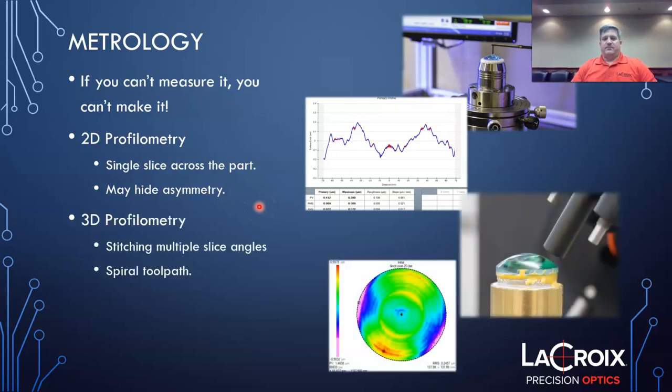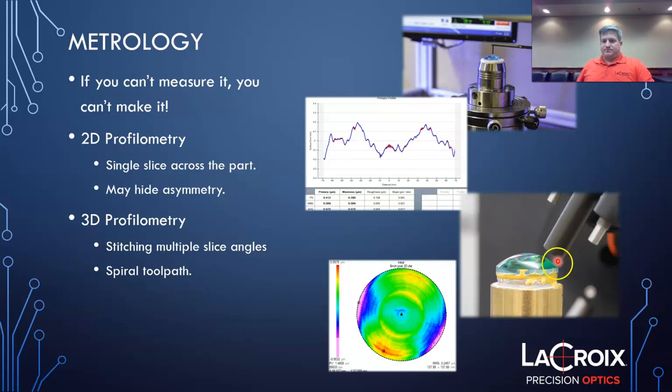So the option up from there is to do some 3D profilometry. And that could involve just doing these single slices at multiple angles, and you can stitch them together. There's some software to do that. And that gives you a pretty rough idea of the errors in the part. It's not perfect, but in many cases, it's good enough. Or you can do 3D profilometry, which there's machines that do raster scans with a contact profilometer, or what we use at LaCroix.